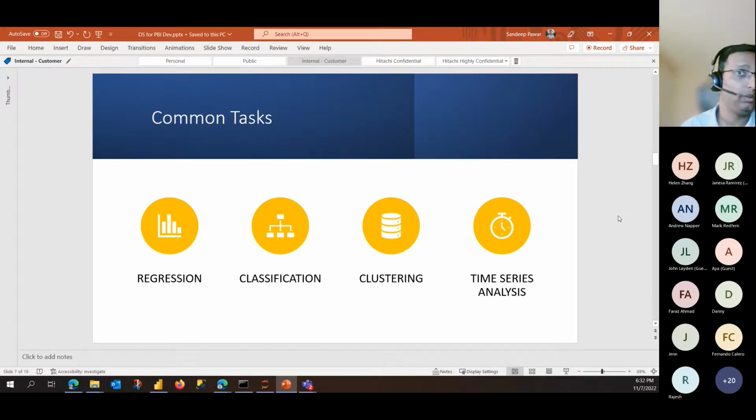The common tasks, other than the exploratory data analysis that we just saw, looking at the distribution, are regression, which is making predictions or finding associations among different features in your data for a numerical quantity; classification, which is predicting categorical data, and we'll have examples of all of these; clustering, which you can think of as segmentation; and then time series analysis.